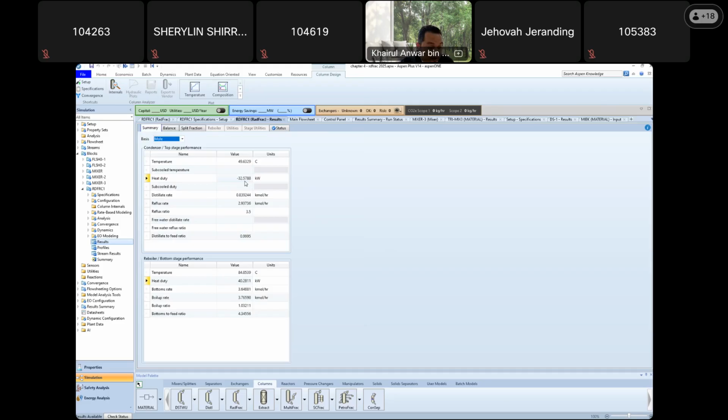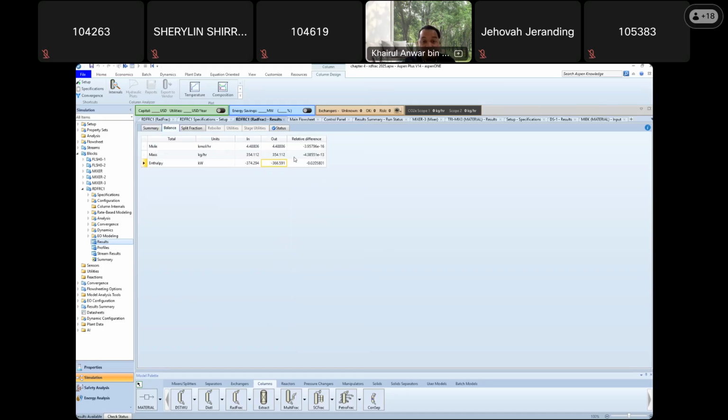In the balance, it's not 0, it's 0.0000, then some number, almost 0, meaning we have this relative difference.